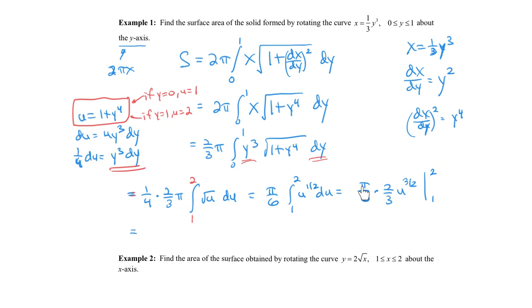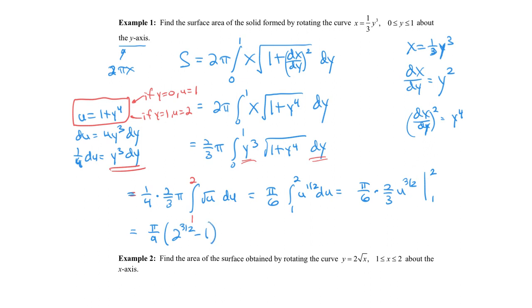Oh, I forgot the pi there too. So it's basically going to be pi over 9. And then we plug a 2 in here, and we get 2 to the 3/2. Plug a 1 in, we get 1 to the 3/2. So this is going to be 2 to the 3/2 minus 1 to the 3/2, which is just 1.